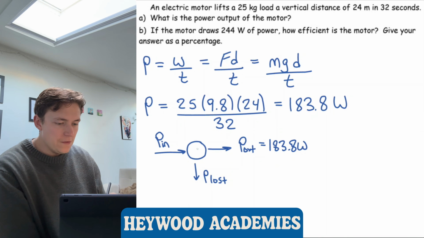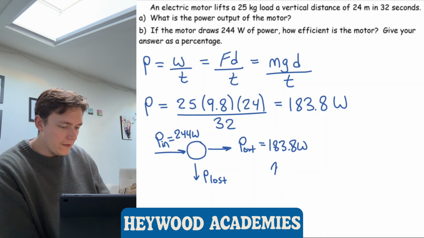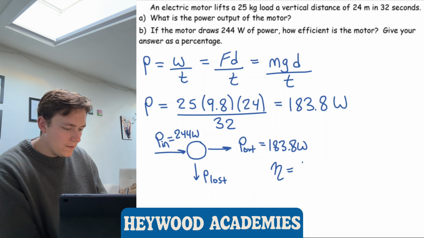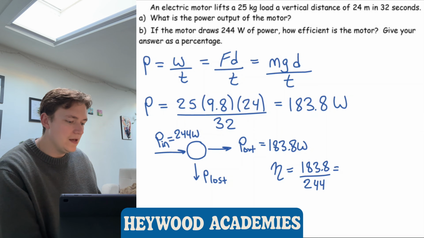We want to figure out the efficiency, and we know that the power going in is 244 watts. So we can calculate our efficiency by taking the power output and dividing that by the power input. One way that's helpful to remember this is that this should always be a decimal number when we calculate this.